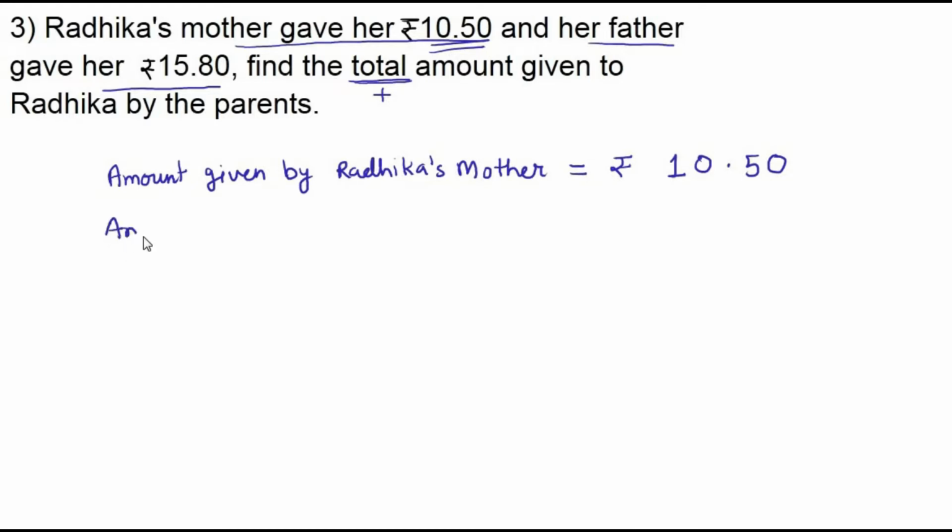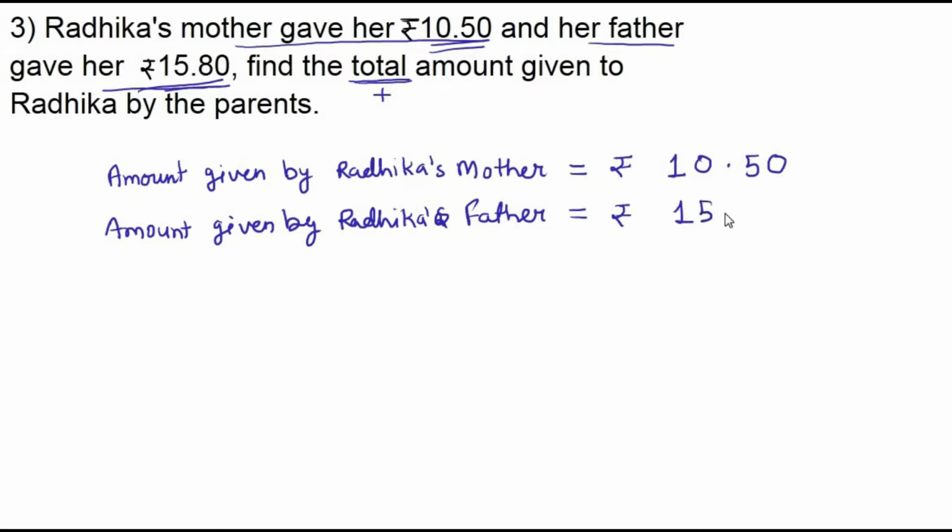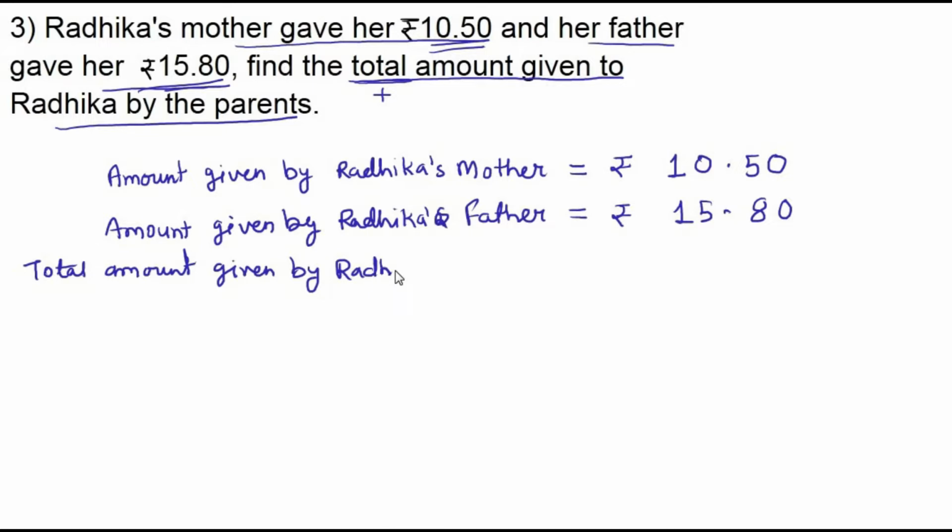Next is amount given by Radhika's father, that is equal to 15.80 rupees. Now, the third statement will be the total amount given to Radhika by the parents. So here we will write total amount given by Radhika's parent.